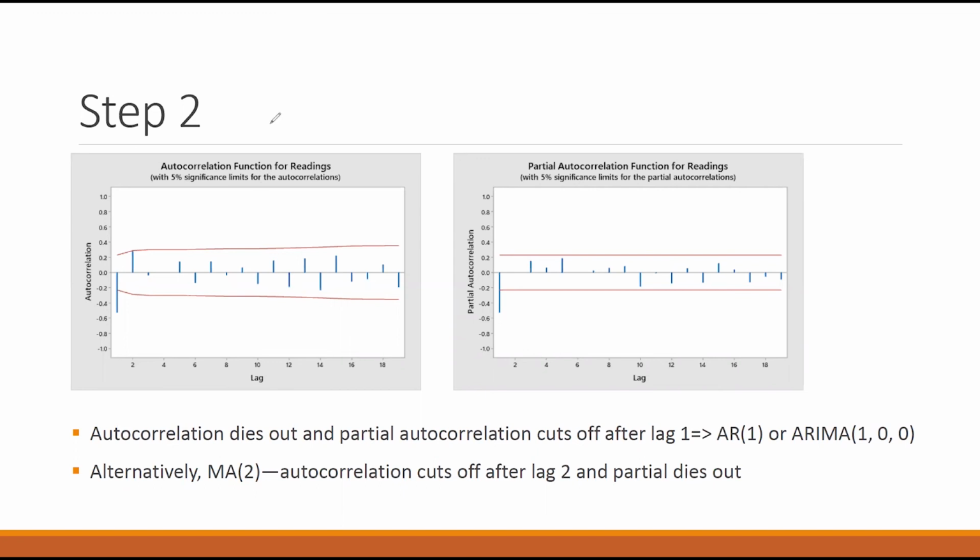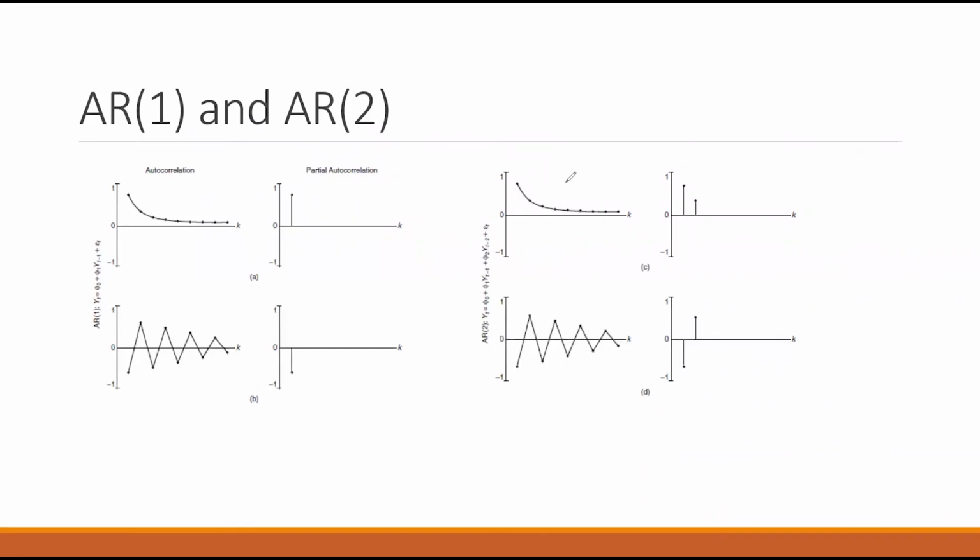So to determine the levels for the AR part and MA part, let's see. The idea is we want to determine in which graph we have dying off and which graph we have cut off, right? So let me go back to the theory to give you some review. When we look at the two graphs, we're trying to determine if the autocorrelation is dying off, like what you see in this graph, or the autocorrelation is cutting off, like what you see here.